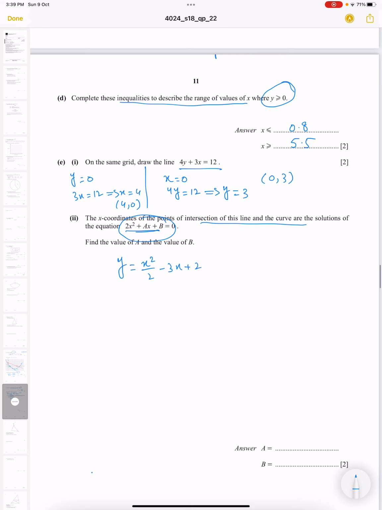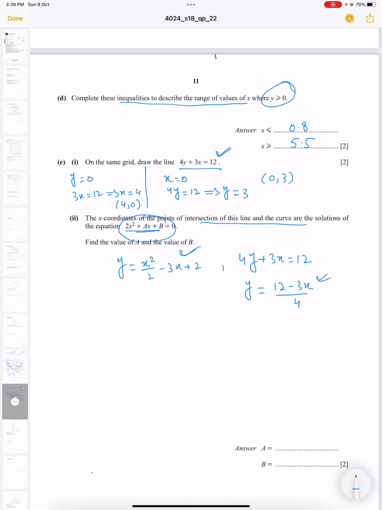As line and curve are intersecting, we can put both of these equations equal to each other. Now the equation of this line is 4y plus 3x is equal to 12. If we make y the subject here, we get y is equal to 12 minus 3x over 4. This is also equal to y, the equation of curve.